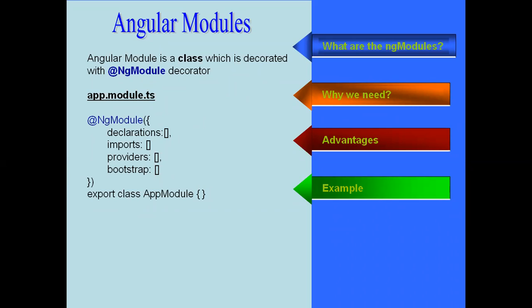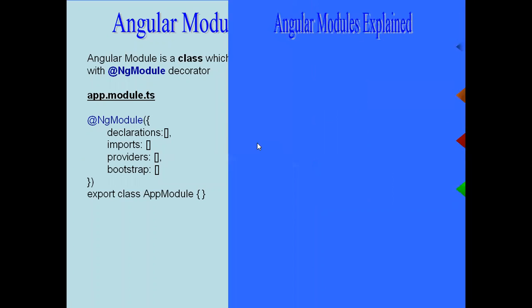Without a module in Angular, we cannot start. There is one default module class, whose name is AppModule, and the file name will be app.module.ts. Anyone? Yes. Okay, good. Yes, it's correct.